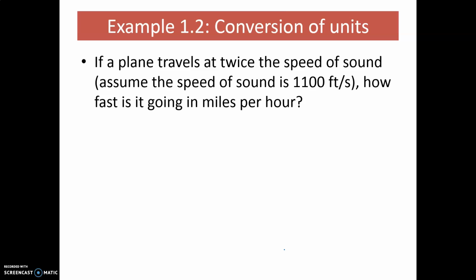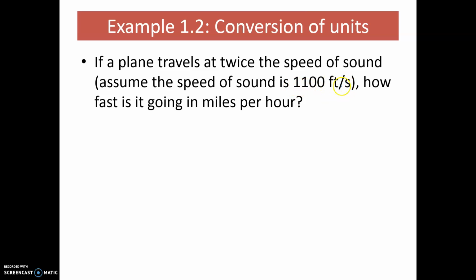If a plane travels at twice the speed of sound, assume the speed of sound is 1100 feet per second, how fast is it going in miles per hour? The thing here is it's in English units: feet per second.